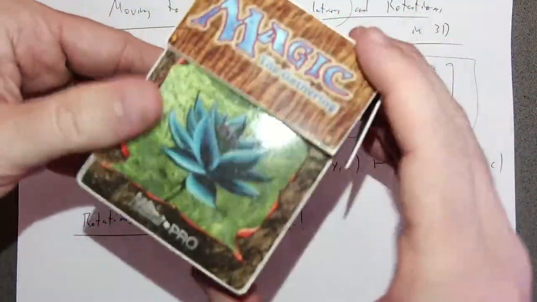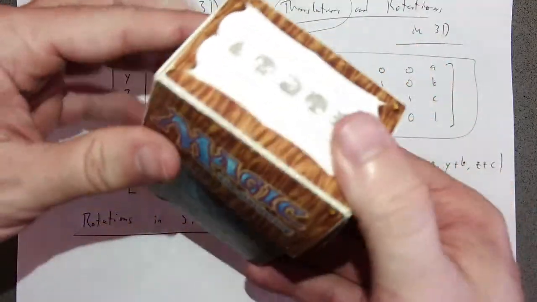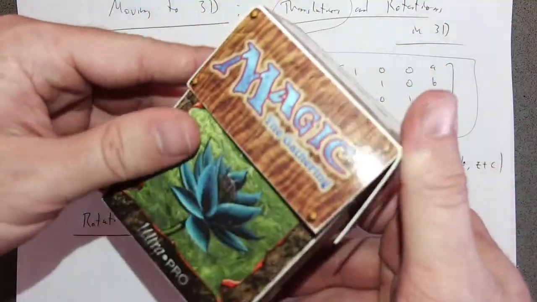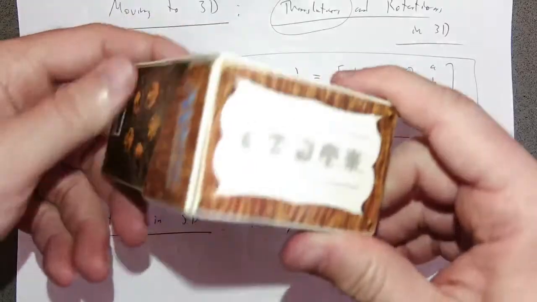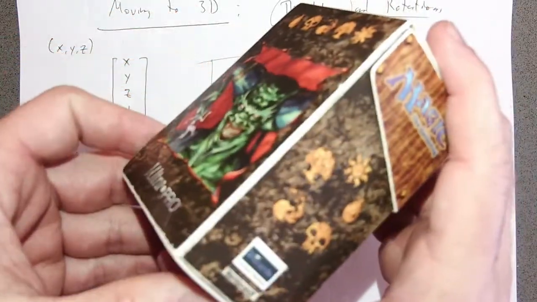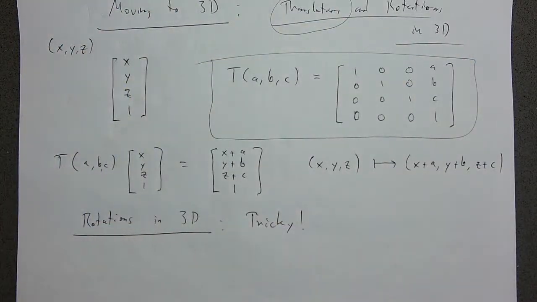I could rotate it like this. I could also rotate it like this, or like this, or like this. So this is an annoying thing.